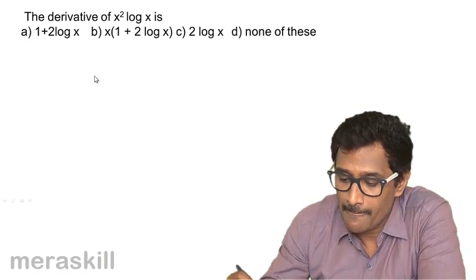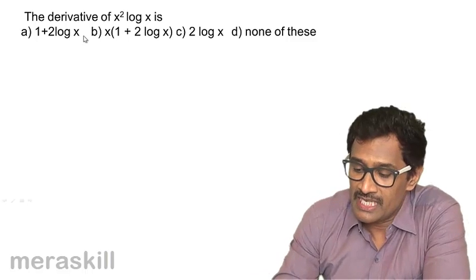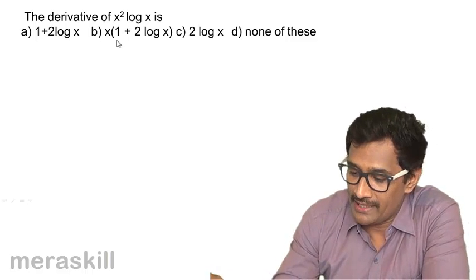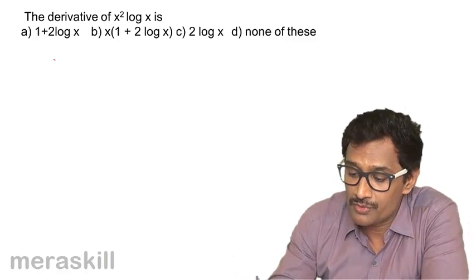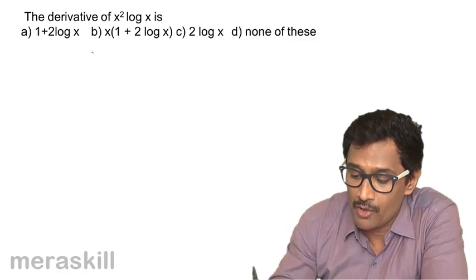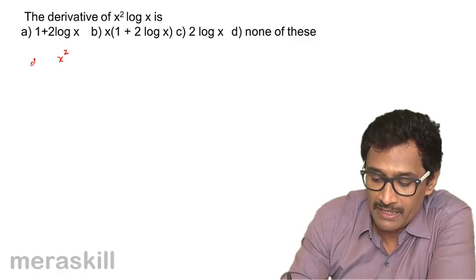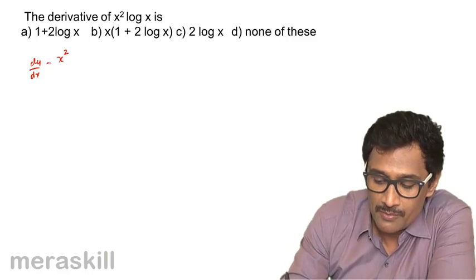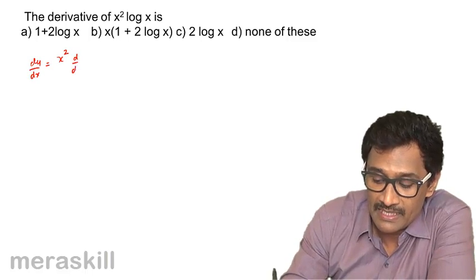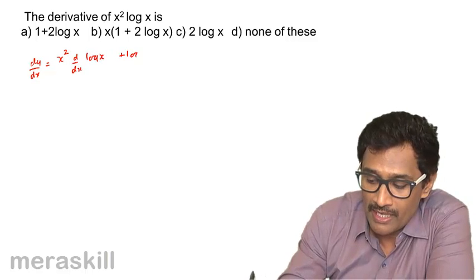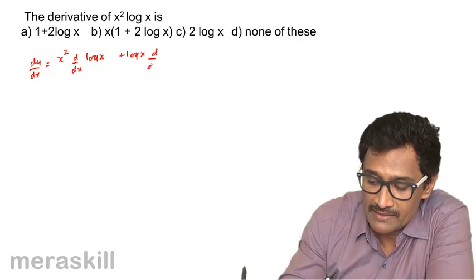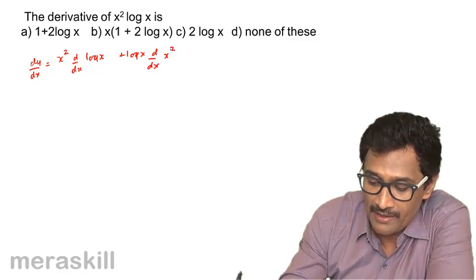Okay. The derivative of x square log x, again we're going to use product rule. So it's going to be x square into d by dx of log x plus log x into d by dx of x square.